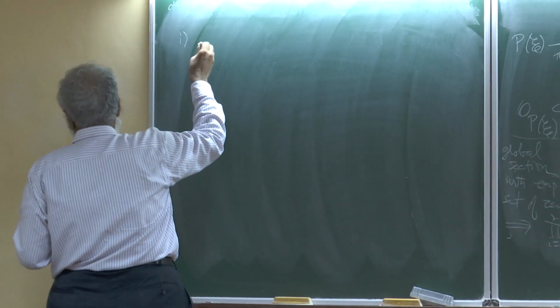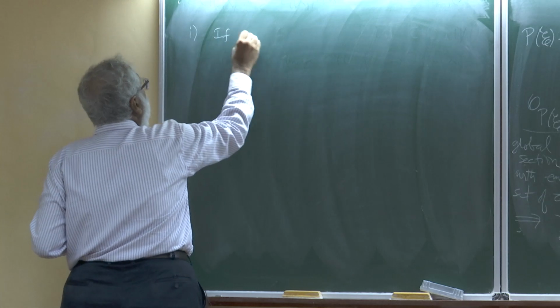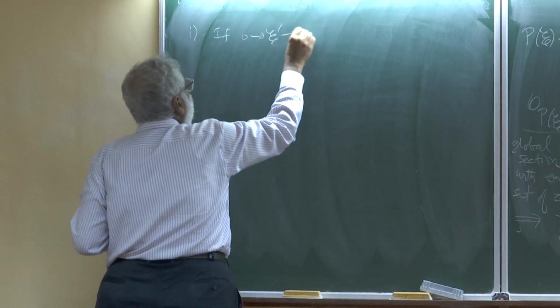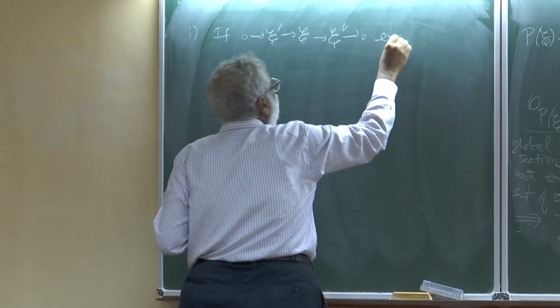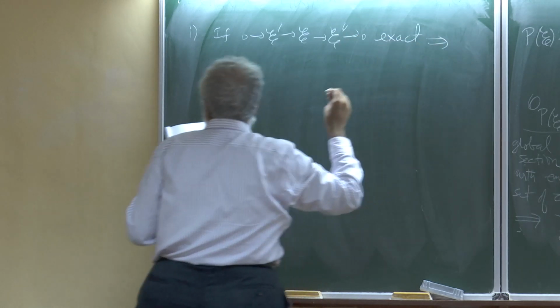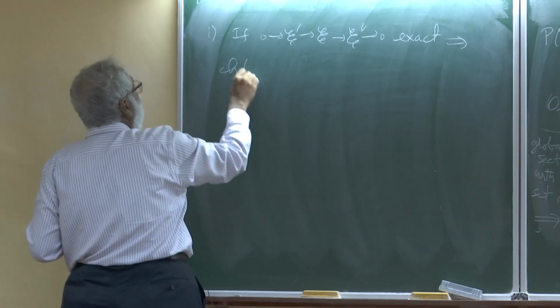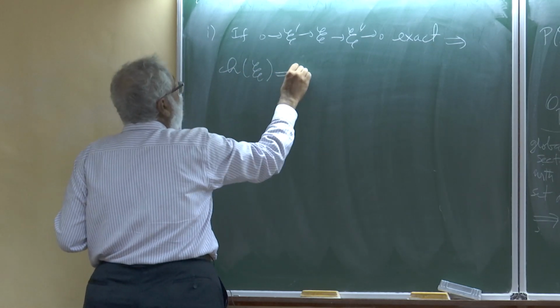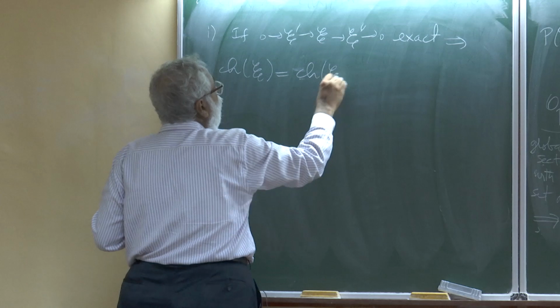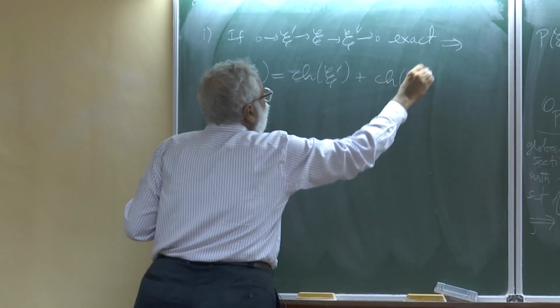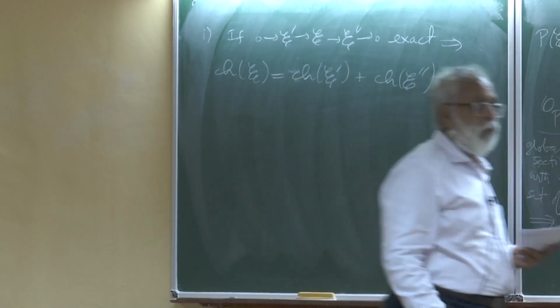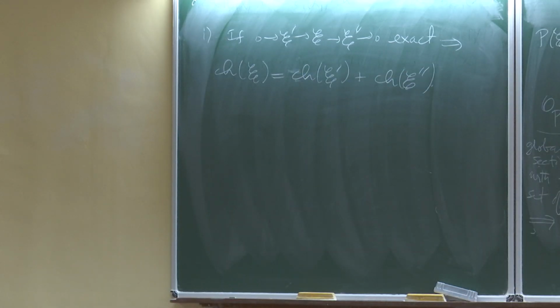They are as follows. For example, one: if 0 to E prime to E to E double prime to 0 is exact, then the Chern character of E is the sum of the Chern characters of E prime and E double prime. That's one property.